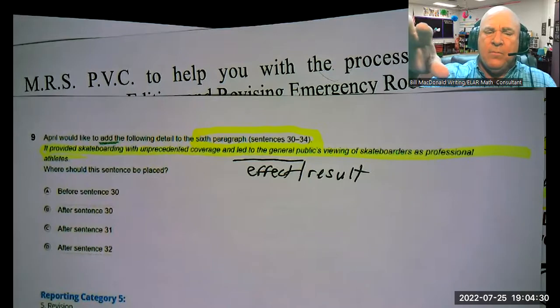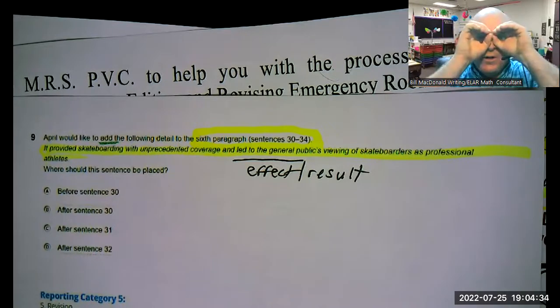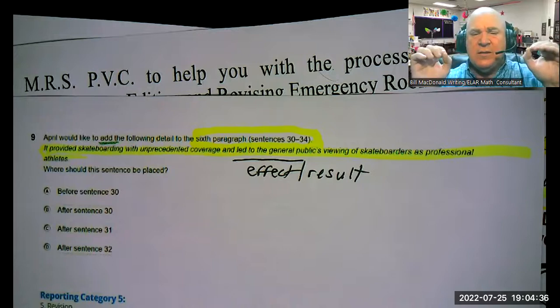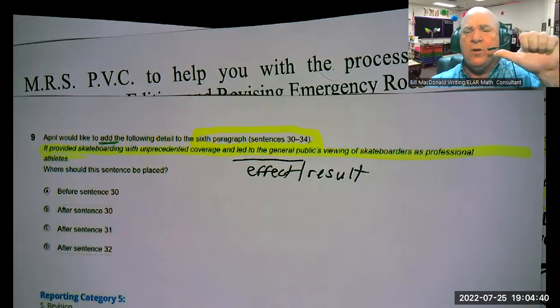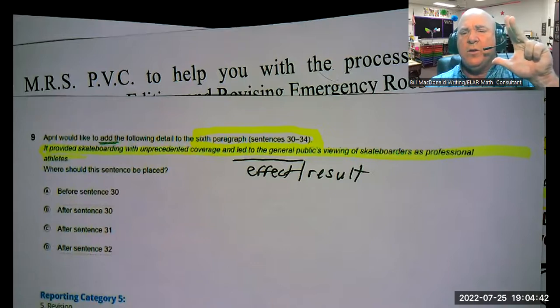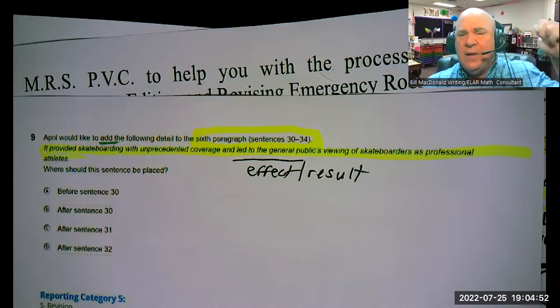April would like to add the following detail to the sixth paragraph, where the sentences are 30, 31, 32, 33, 34. Okay, here's the sentence: "It provided..." in past tense.